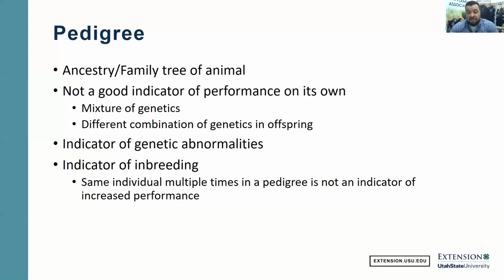Now, one of the good things about pedigrees is it does provide us a couple additional pieces of information when we're looking at genetic abnormalities. Most breed associations will identify individuals in that pedigree that have some type of genetic abnormality in their background. Typically, these individuals are carriers, so they might not have actually shown that abnormality, but there was a chance they passed it down to their offspring.